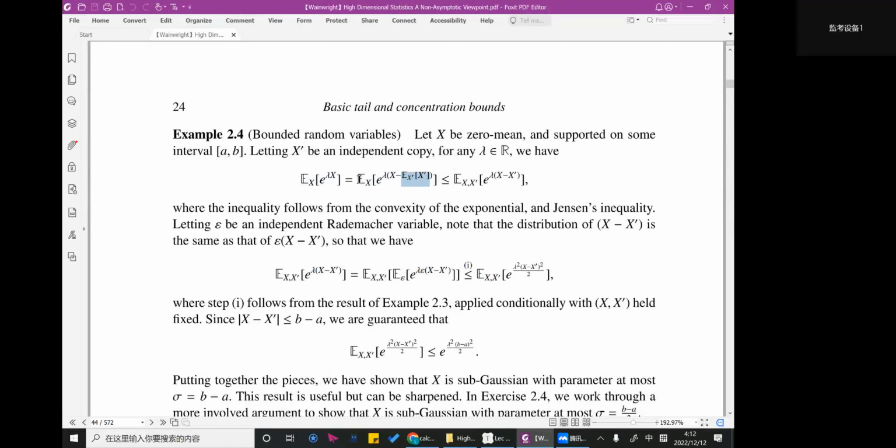And he writes this inequality. This follows from the convexity of the exponential and Jensen's inequality.